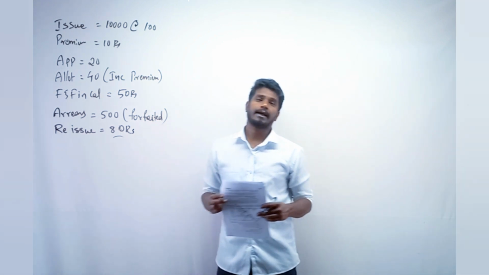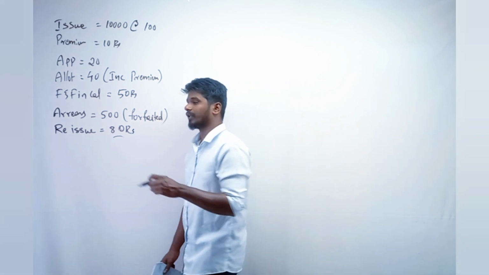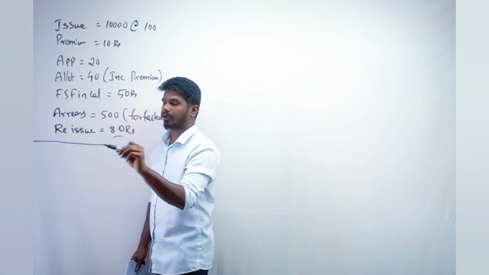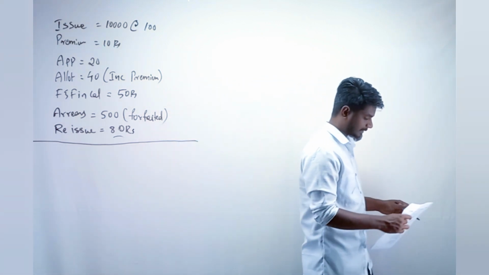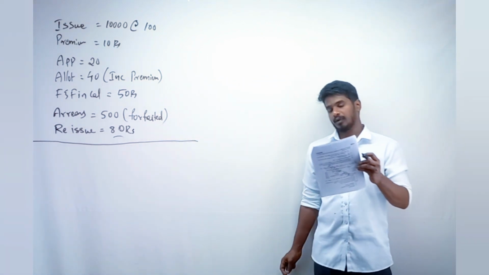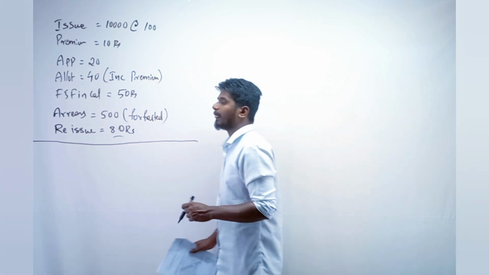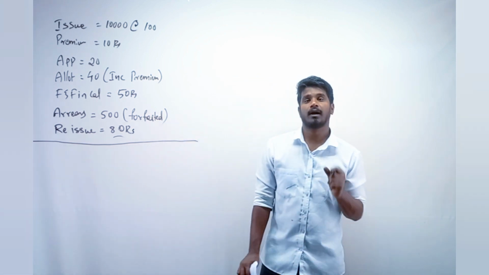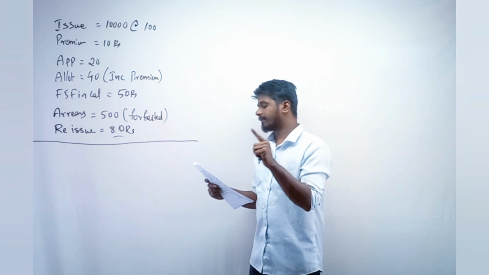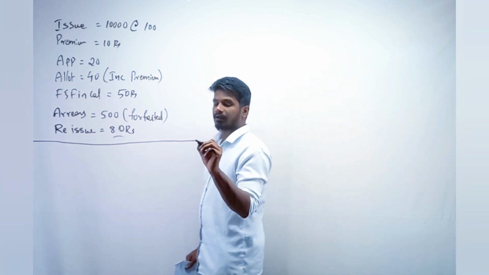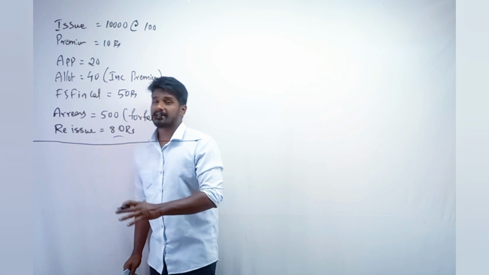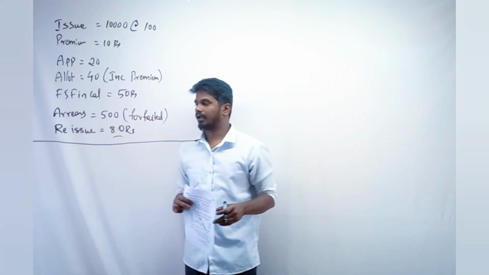Let us pass the entries and it will be an easy question. You can get 12 marks easily, correct. Let us start. So the first entry will be application, correct. They are receiving 20 rupees on application. So first thing, let us write the entries, then I'll explain.